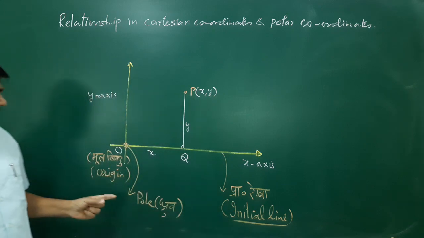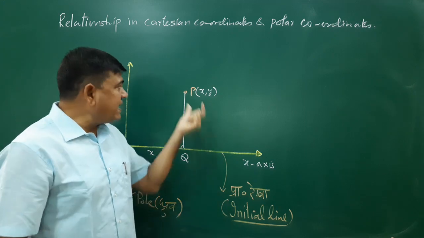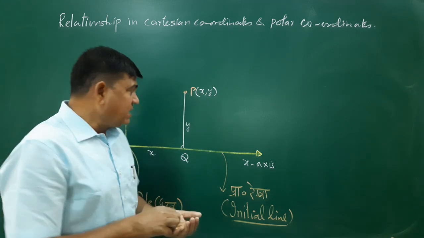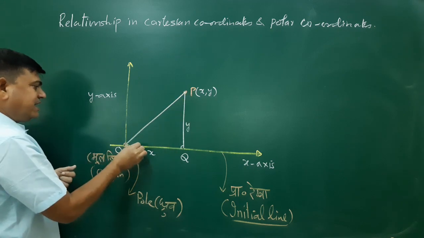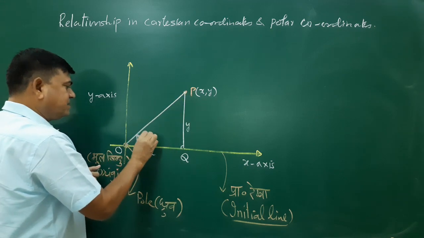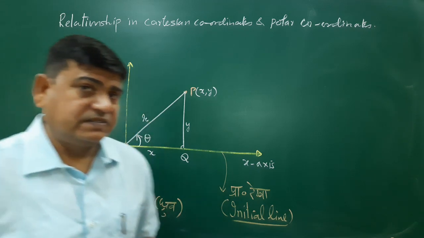So if I consider this as the pole and this as the initial line, to find the polar coordinates of this point, I join this point to the fixed point. The angle in the anticlockwise direction, suppose it is theta, and this distance is r.